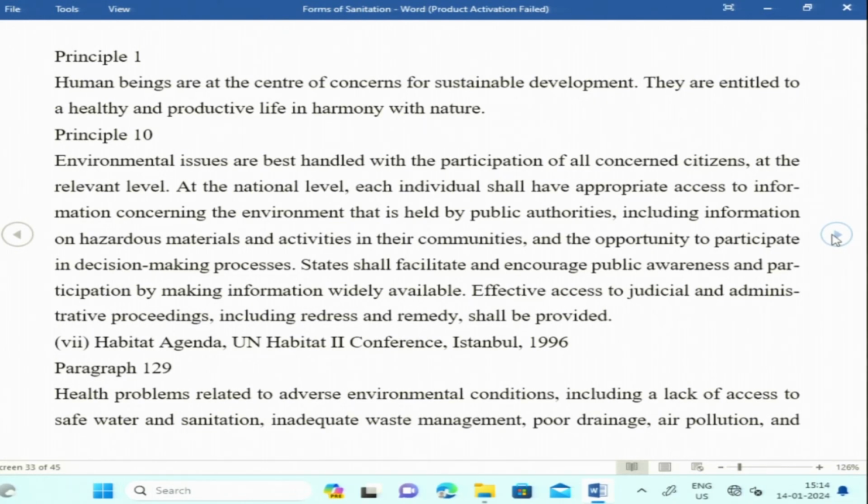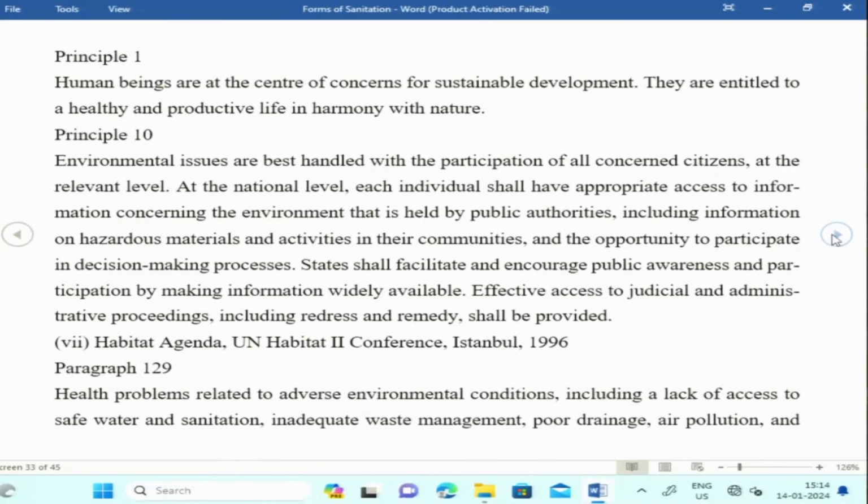The basic idea is that they have to speak about certain issues which encourage public awareness and participation in terms of having information about judicial and administrative proceedings, and also their rights over participation in terms of maintenance of sustainable development.